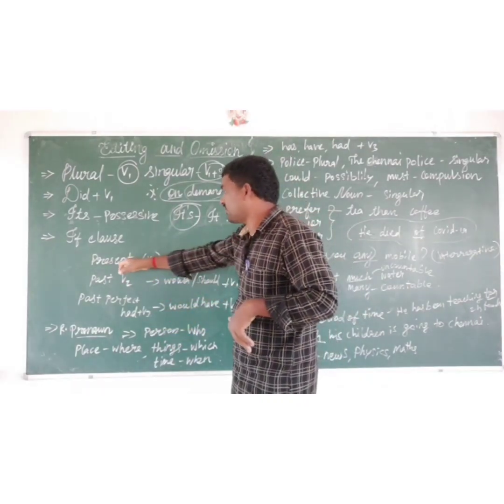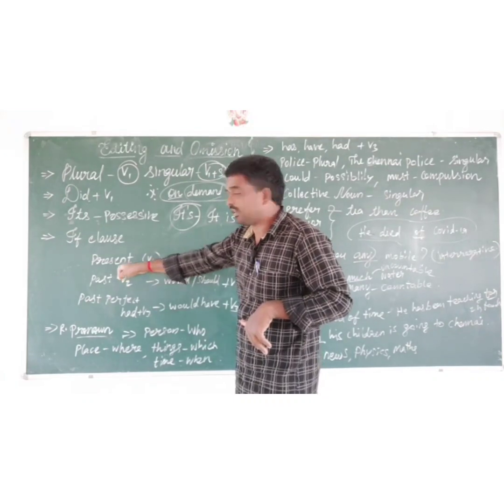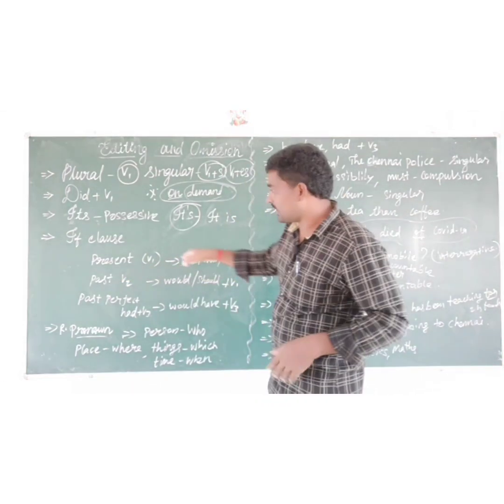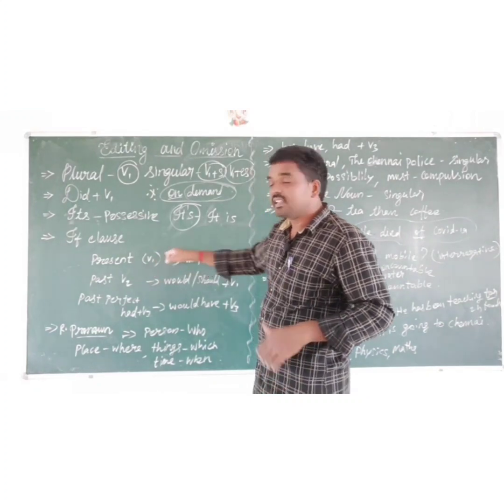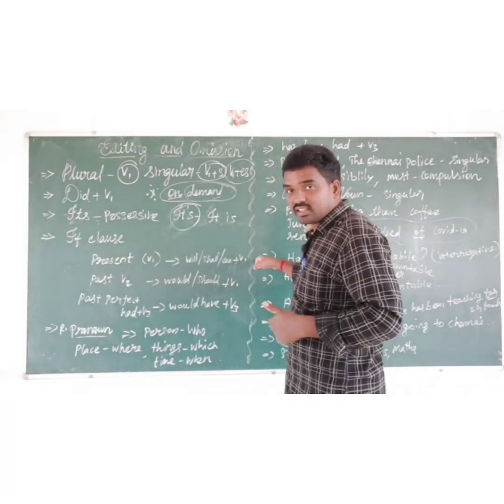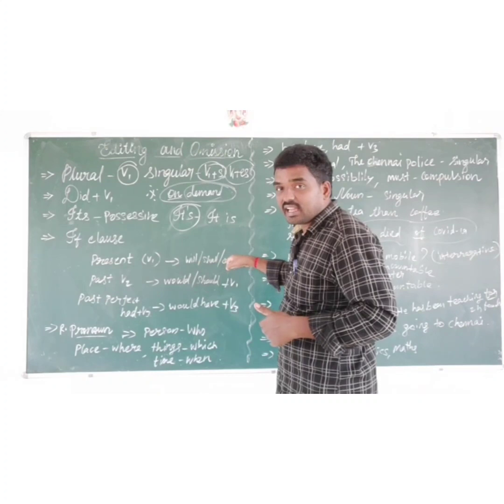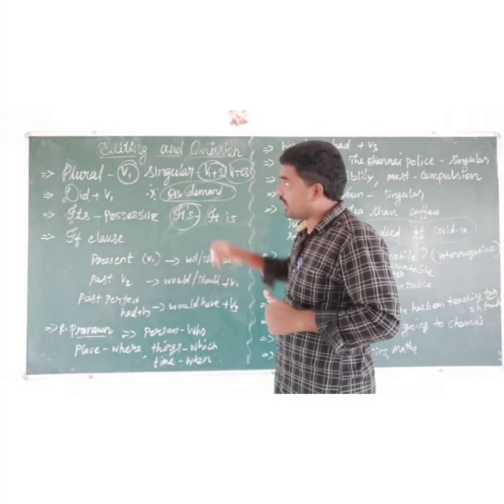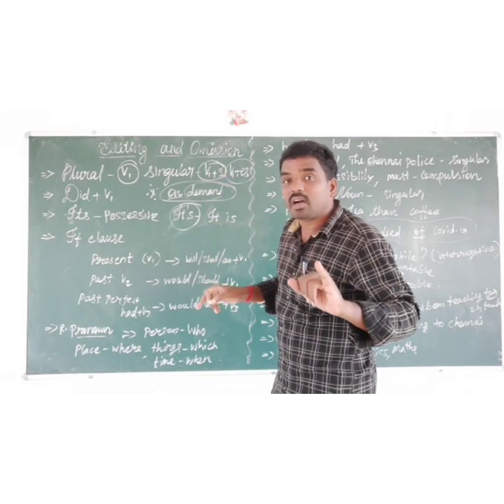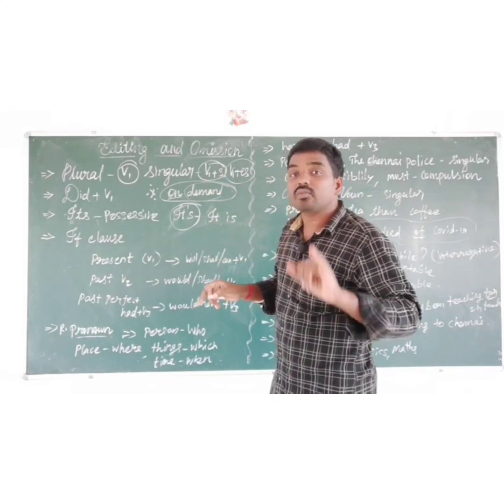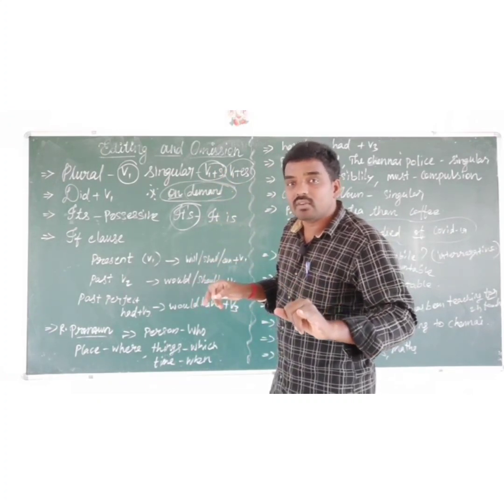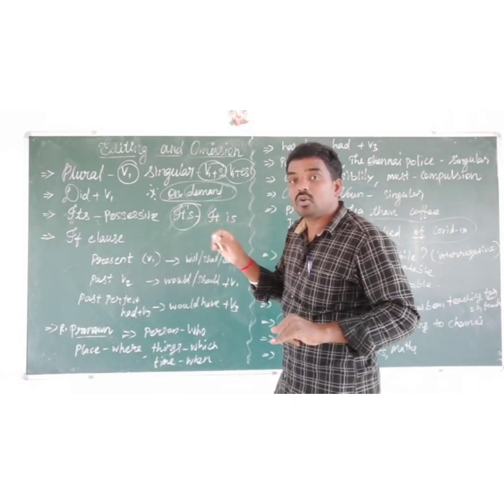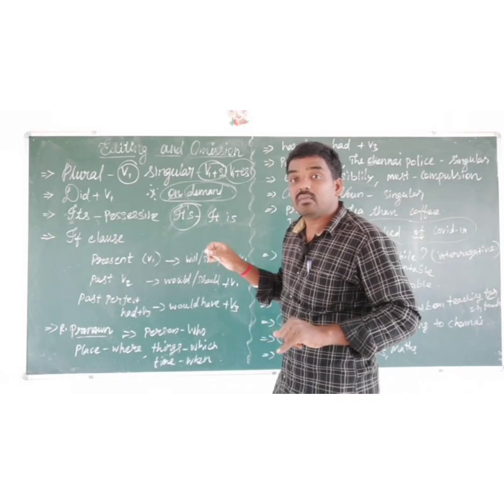So the first part of the sentence is present tense, the second part of the sentence is future tense. It may be will, shall, can, may plus verb 1. I already told you, after modal verbs we want to use verb 1. After to, that is, infinitive verbs.